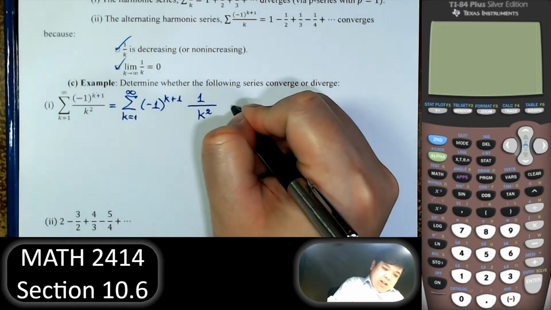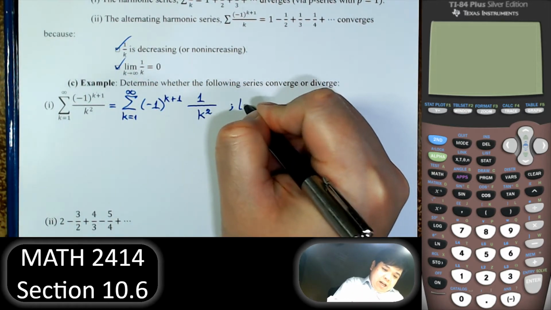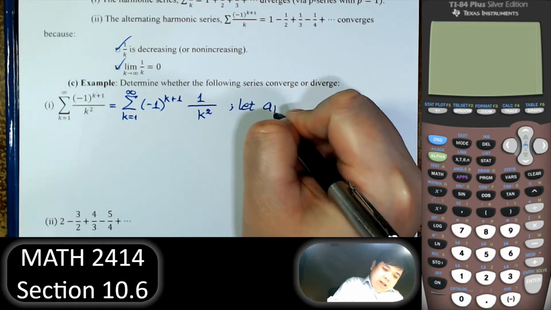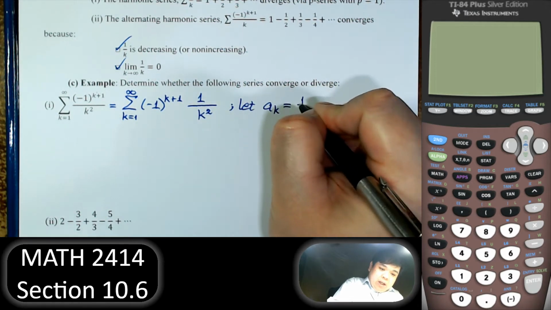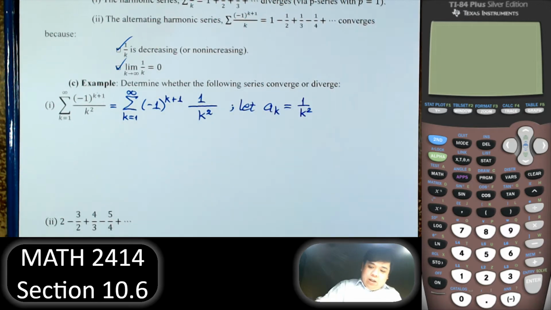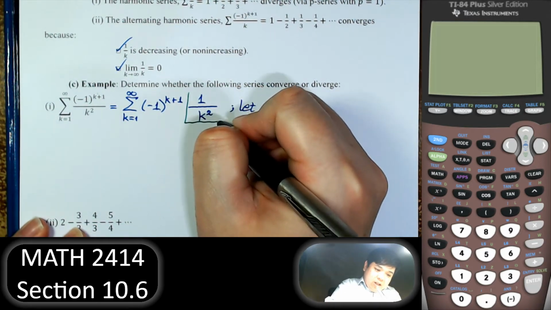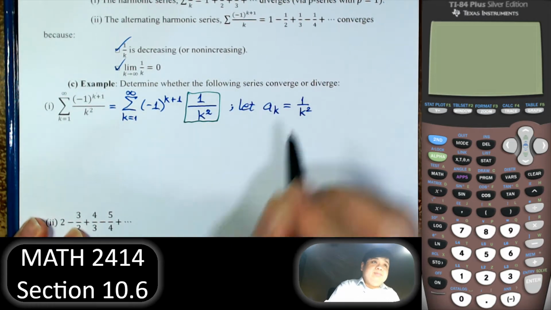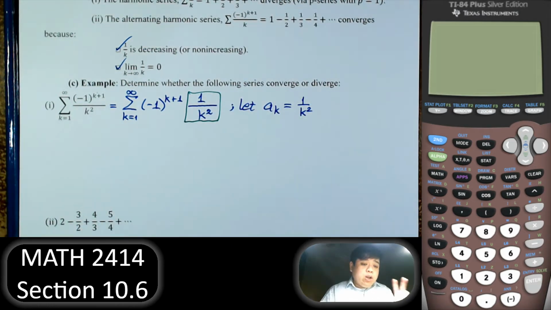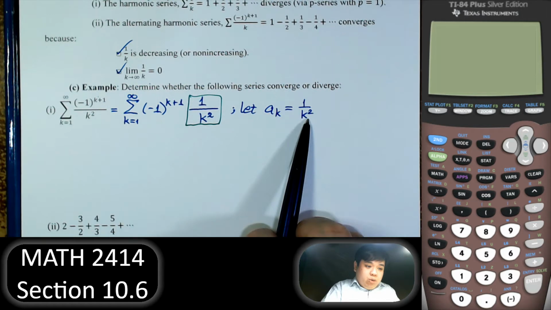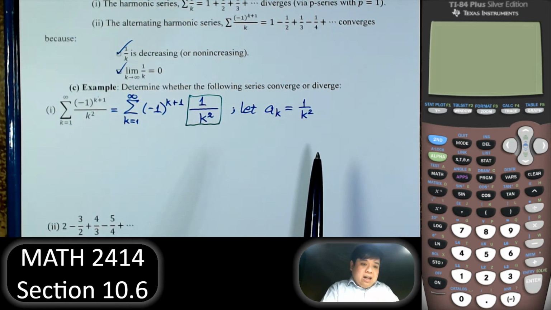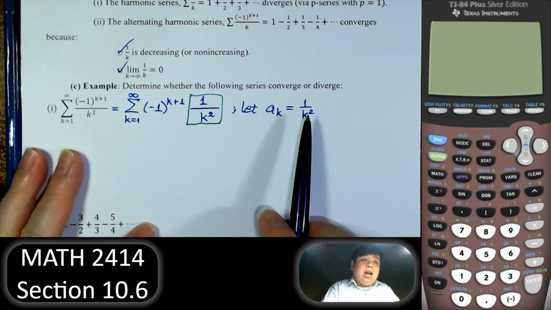When we write it like this, we say let a sub k equal 1 over k squared. So ignore the alternating part. What's left is a sub k. Then we check two things. Does this one go to 0? Is that non-increasing?